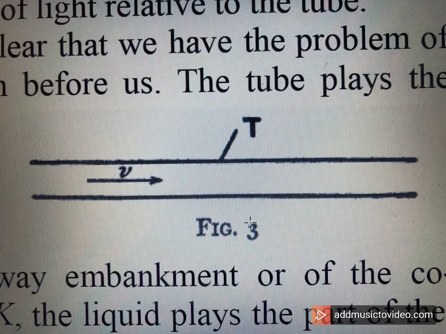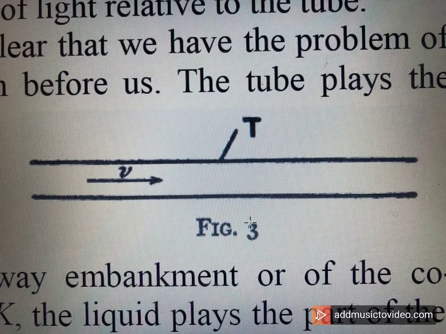The tube plays the part of the railway embankment or of the coordinate system K. The liquid plays the part of the carriage or of the coordinate system K'. And finally, the light plays the part of the man walking along the carriage or of the moving point in the present section.